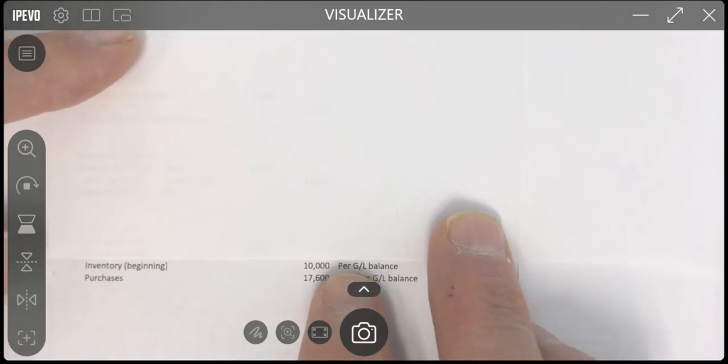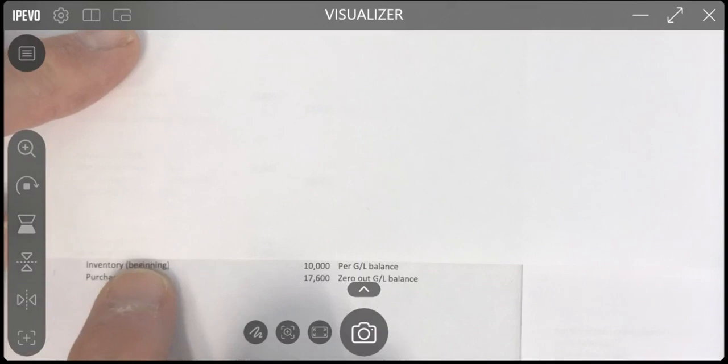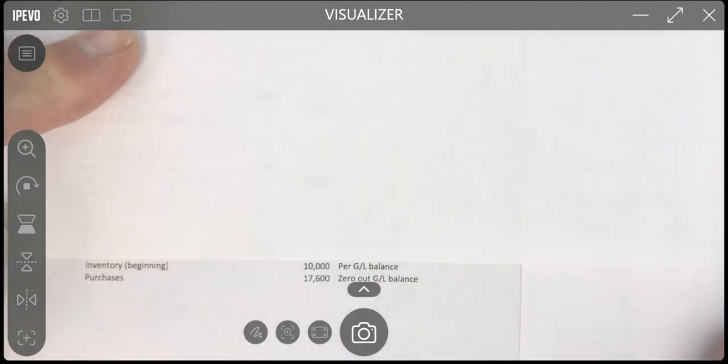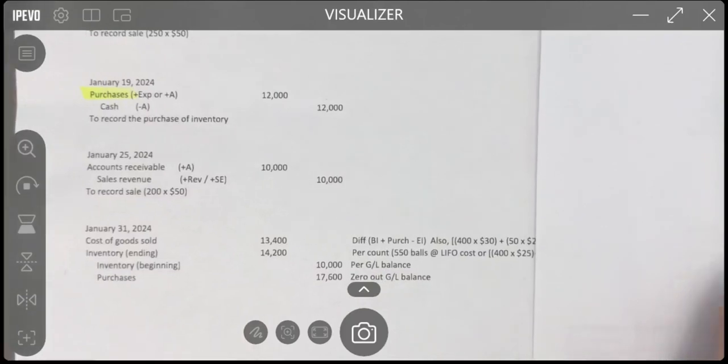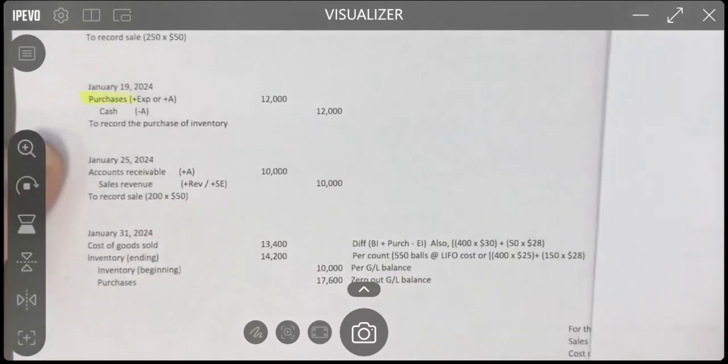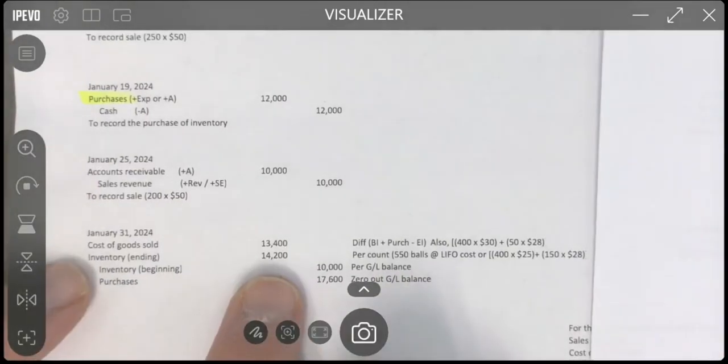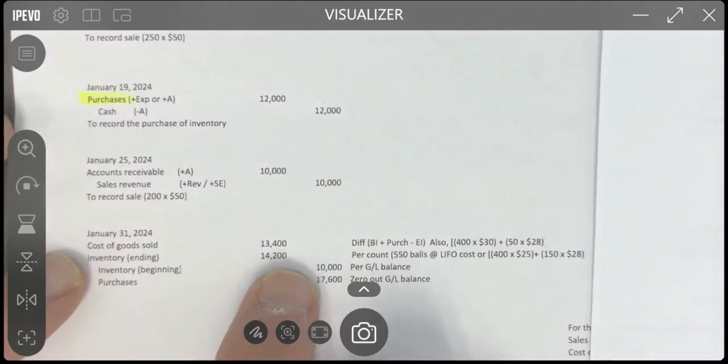And then step two is to establish the cost of goods sold and the ending inventory balance. And here's what it looks like. You may do either first and then the other will be the plug.